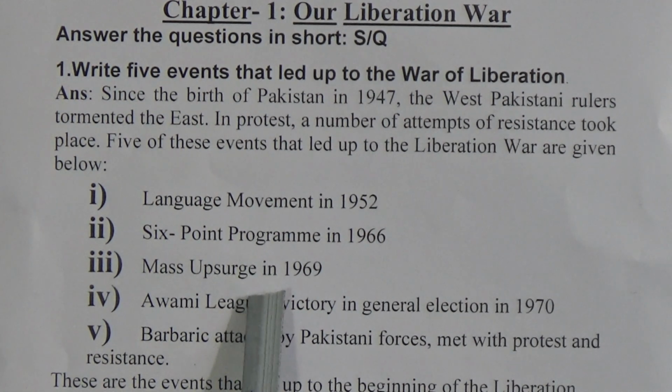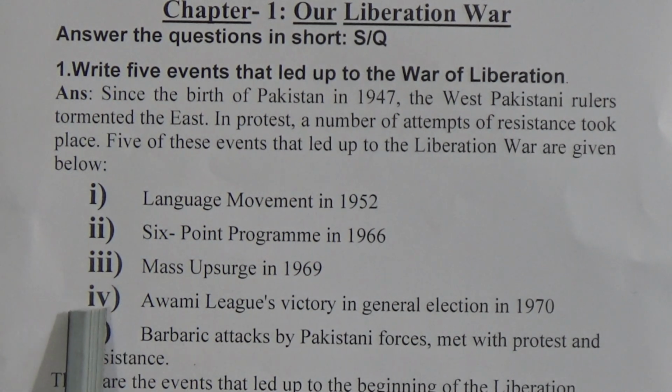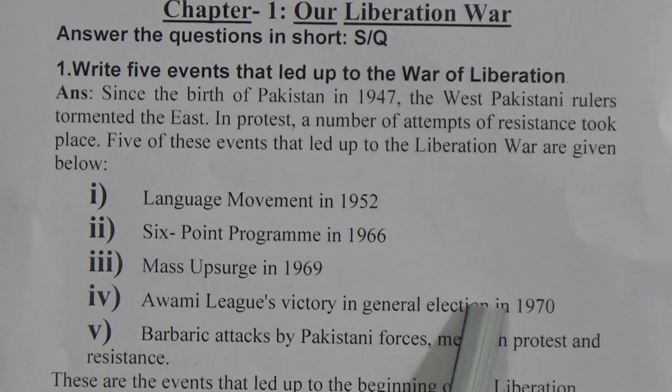Okay, this is the last movement before 1971. And what happened in the next one? Next event is Awami League's victory in general election in 1970. And number 5 is barbaric attacks by Pakistani forces met with protest and resistance. These are the events that led up to the beginning of the liberation war on 26th March 1971.